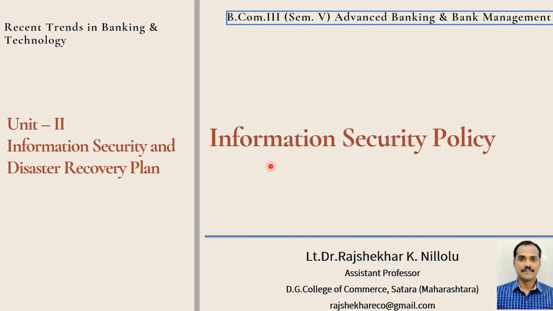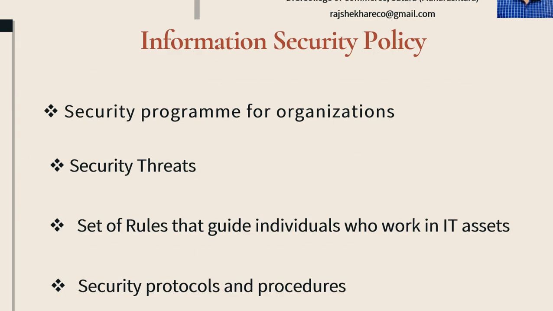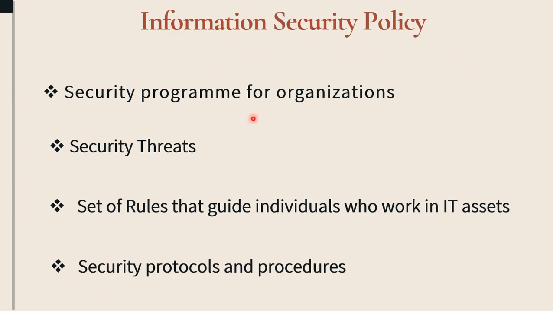So let us start the discussion on this information security policy. First of all, we will learn the meaning of information security. Information security policy is a type of security program for the organization. Just as I mentioned the size of the organization, it may be small or large.